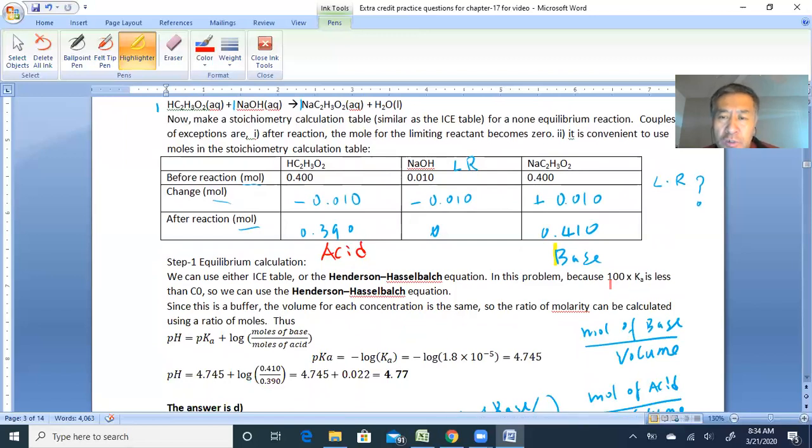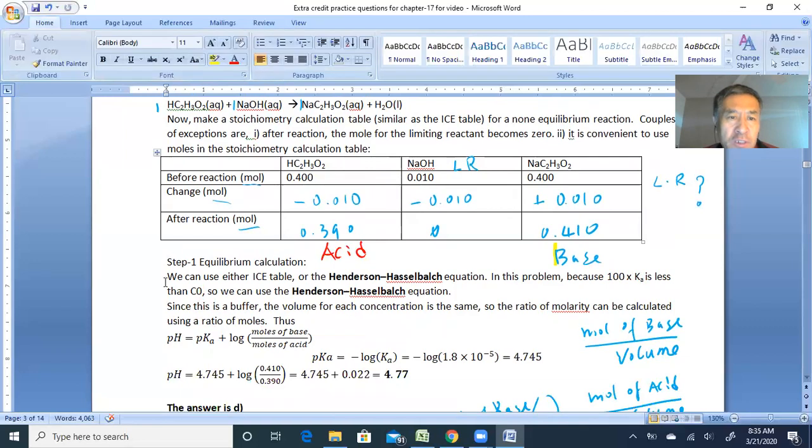To use that, you check this condition. You take 100 times Ka. If you get a number less than C0, then that means you can use the Henderson-Hasselbalch equation and get an accurate answer.